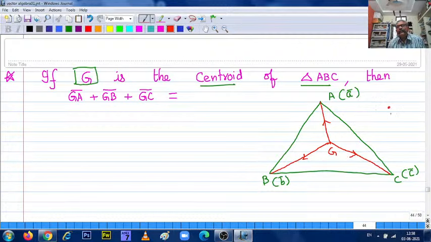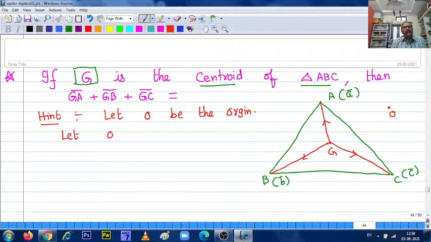Let O be the origin, and let OA bar equal A bar, OB bar equal B bar.